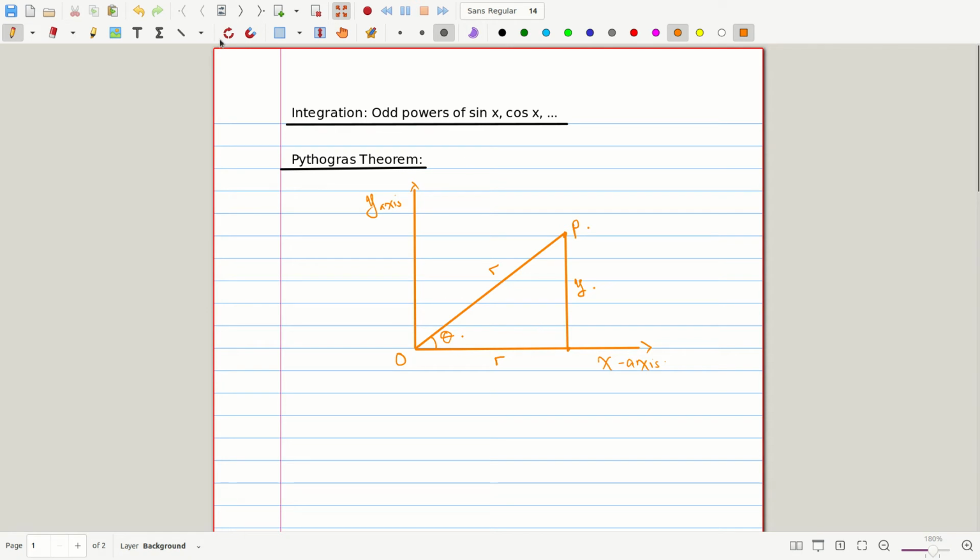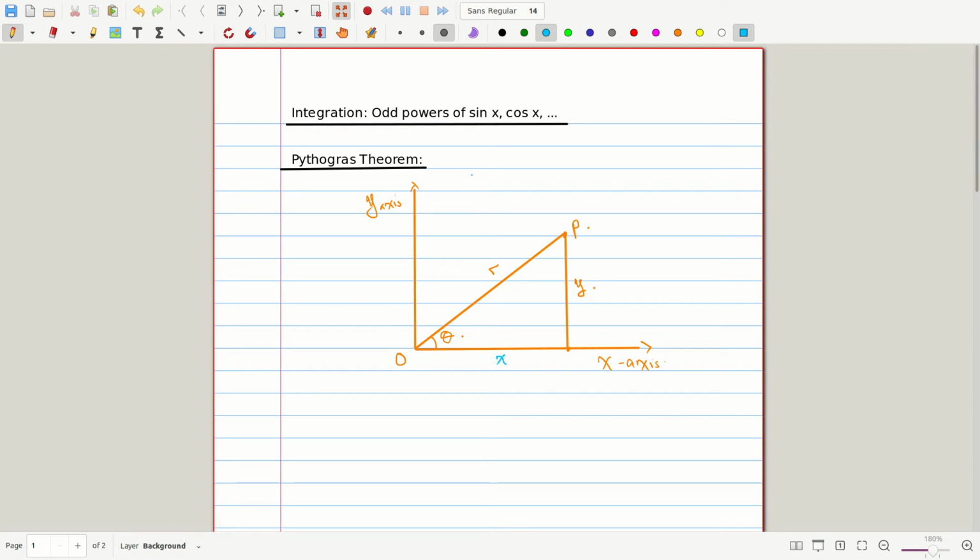Okay, so I assume that we are familiar with the Pythagoras theorem here, which tells us that, oh sorry, this is not r, I made a mistake here. I meant to call this x. Okay, this is x, I'll leave it as that.